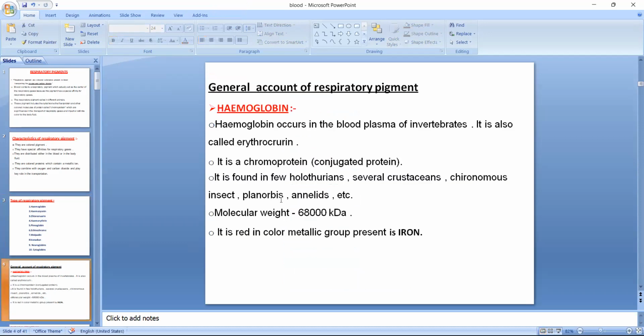We are well aware of hemoglobin. We have already discussed hemoglobin.